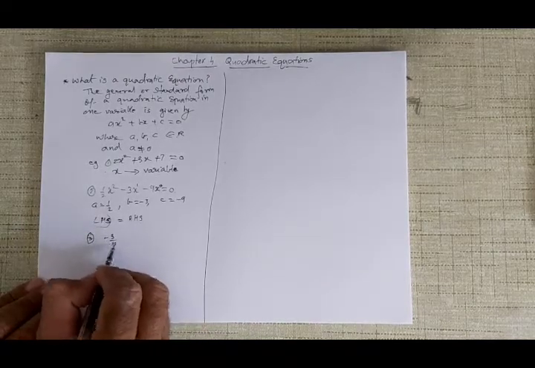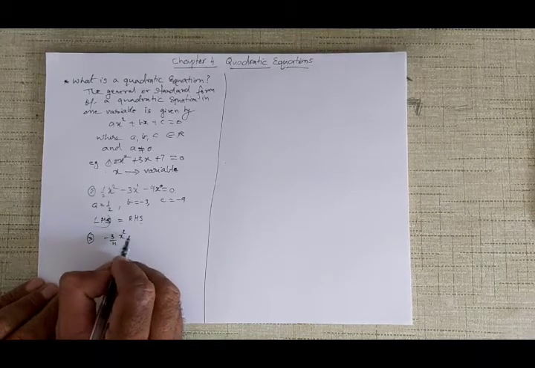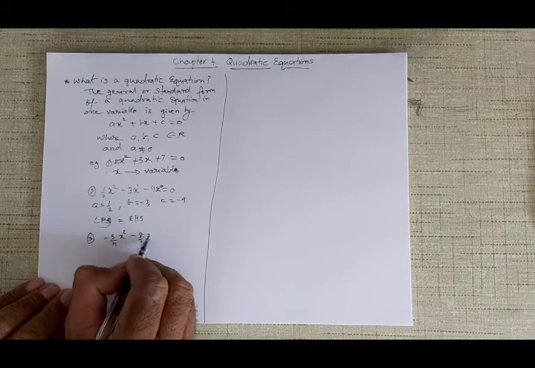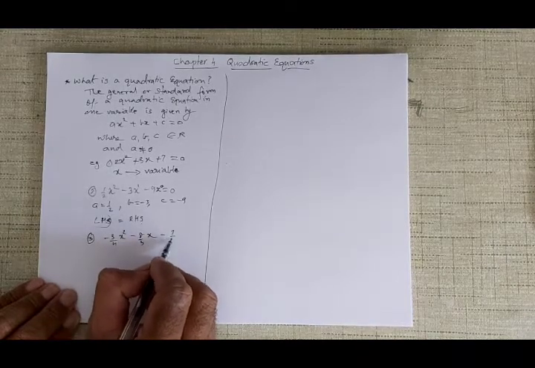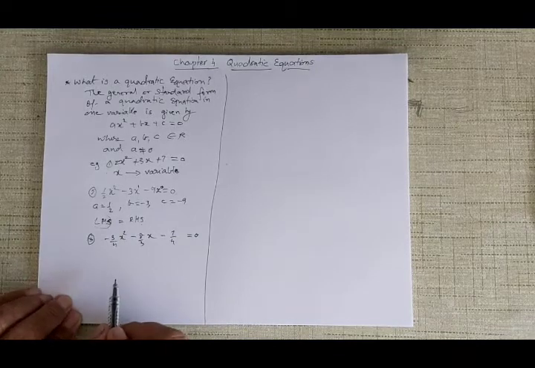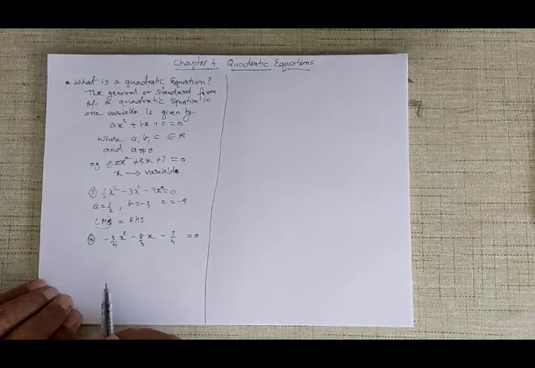Minus 3 upon 4 x square minus 8 upon 3 x minus 7 upon 4 is equal to 0. Now this is also standard form, and this is also a quadratic equation.